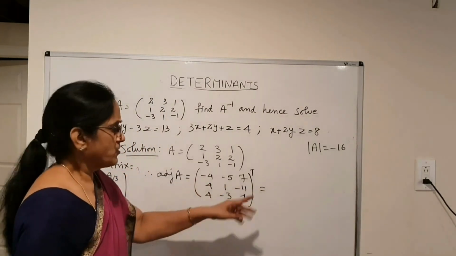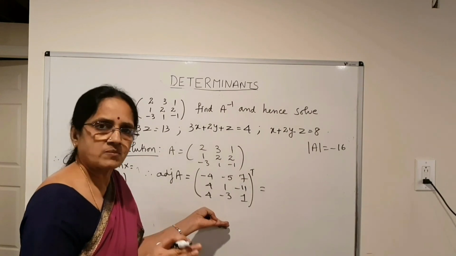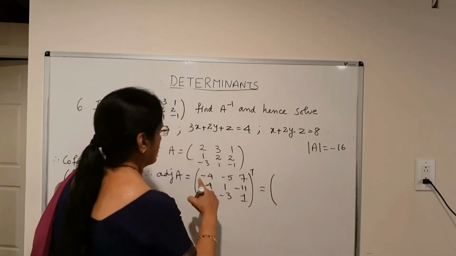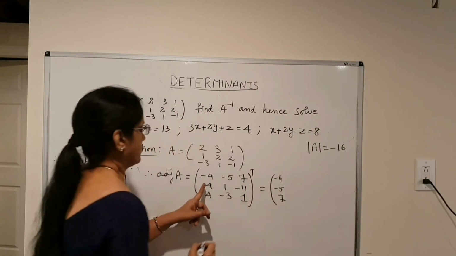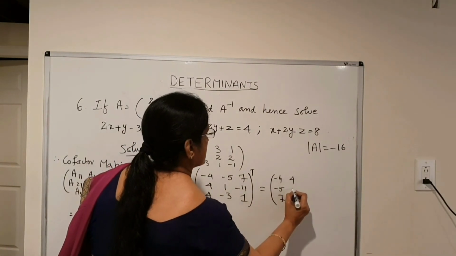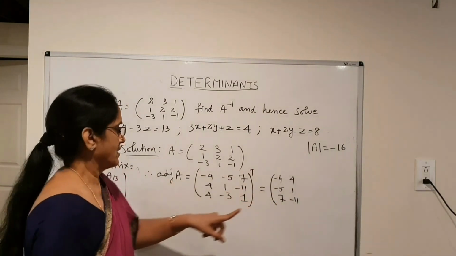The transpose of the matrix is obtained by interchanging the rows and columns of the matrix. So let me interchange the rows and columns. First row will become first column. Second row will become the second column. Third row will become the third column.